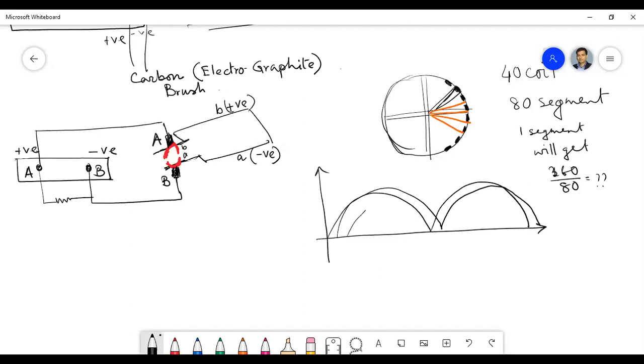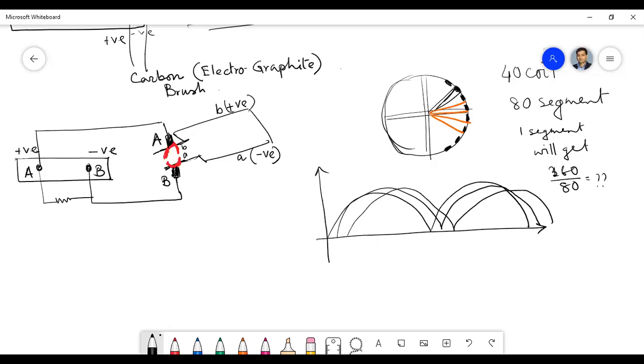But capital A and capital B are connected with the brushes. My question is, if I split the ring more than once, how will we connect the brushes? When the brush leaves one segment, it will be in touch with the next segment, which is connected to some other coil.